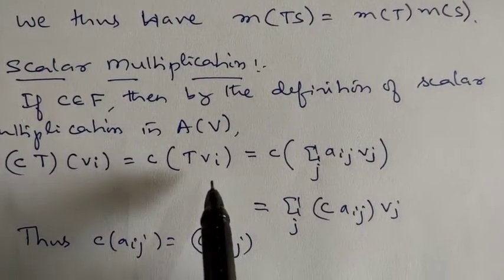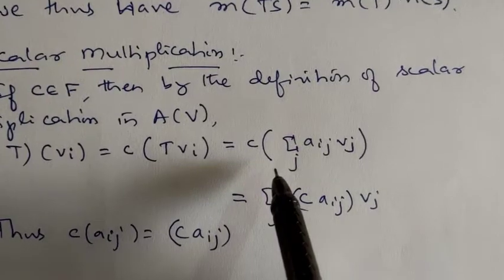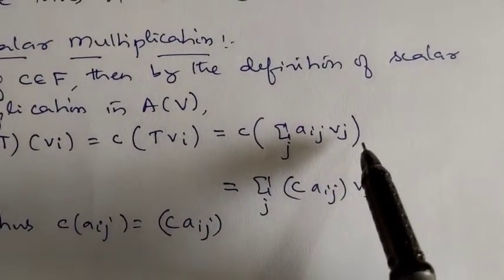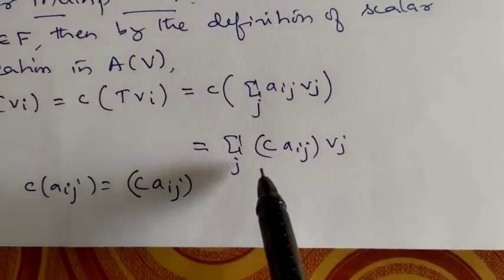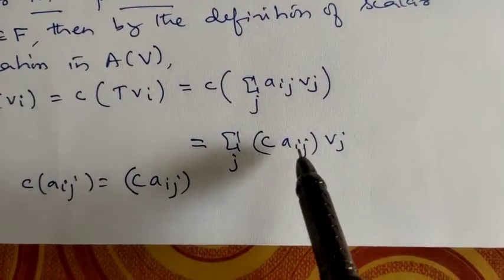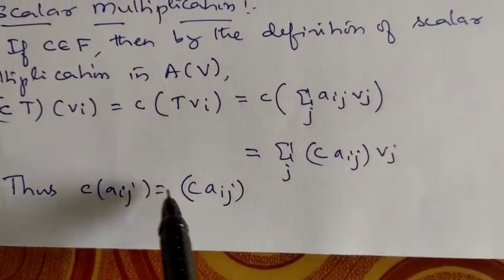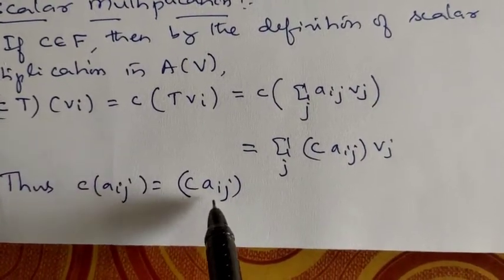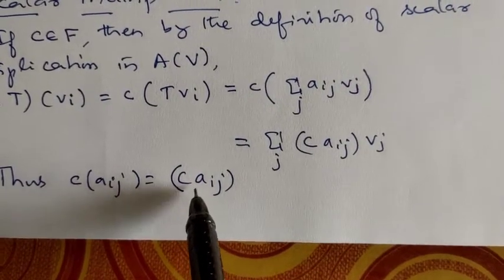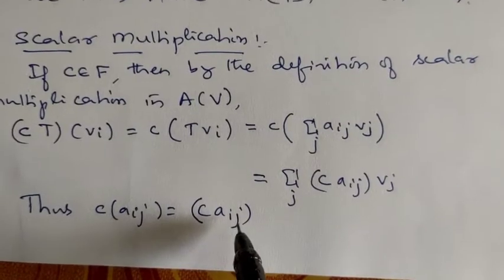This is equal to C into summation over j, Aij Vj. This is summation over j, C into Aij into Vj. It doesn't matter, C is taken inside. Thus C times Aij gives the matrix of C Aij. So we have defined the scalar multiplication.